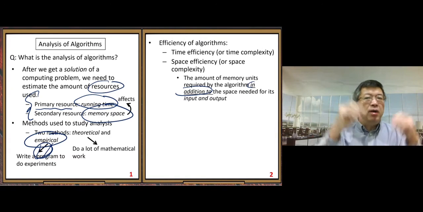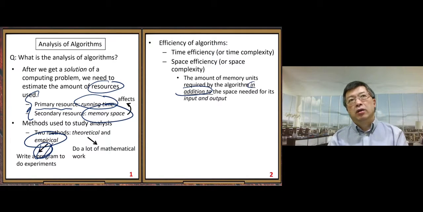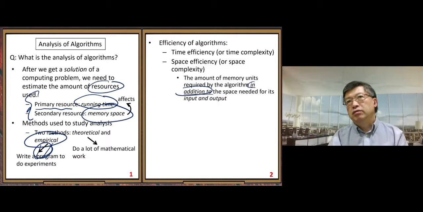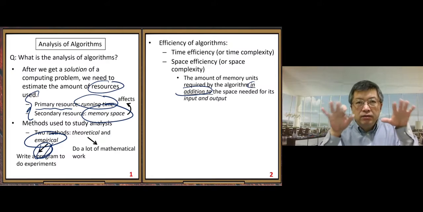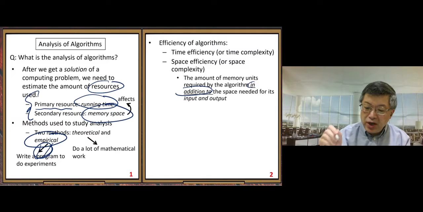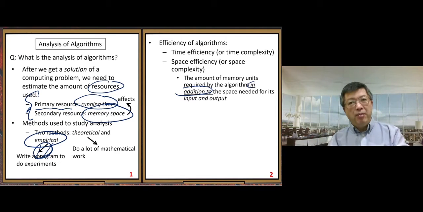That's a required part. For any computing problem, you need to store that part. So we do not want to count it, because you always need to do that. So what do we count? The extra space used, other than storing input and output data. For that reason, we say in addition to. That part we calculate.